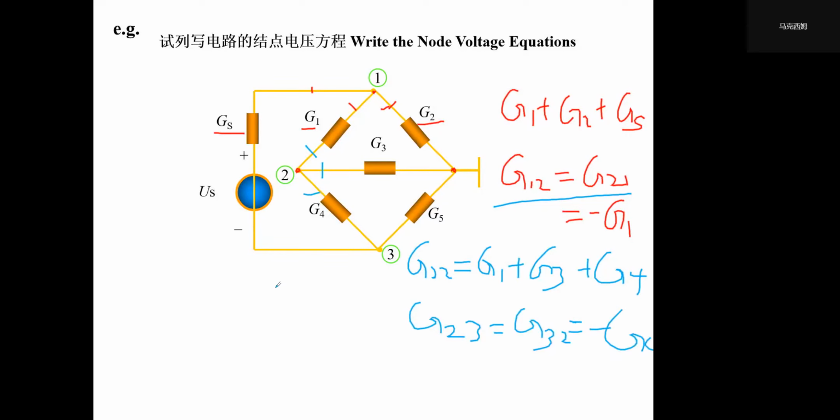Right? And so on and so forth, we can calculate G33. There are only 2 branches connected to it, this one and this one, so it equals G4 plus G5.